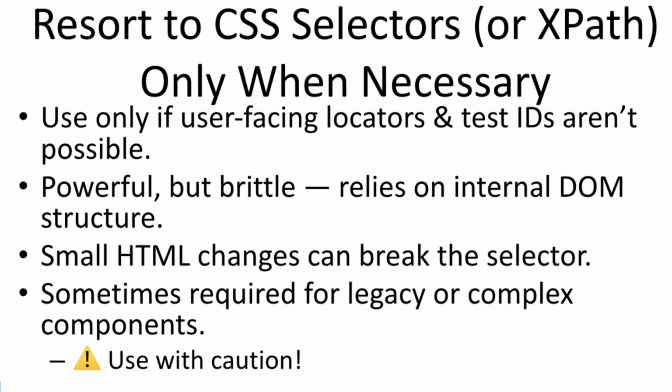They rely on the page's internal HTML structure, such as the structure of the DOM, and they also depend on the class names or the HTML IDs. So even a small UI refactoring or any unexpected or accidental changes or typo introduced can easily break your test. However, sometimes they are your only way to target a complex element or a specific state. So when it comes to CSS locators, this should be your last resort for identifying your locators uniquely.